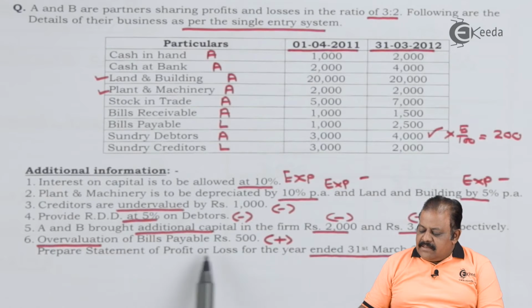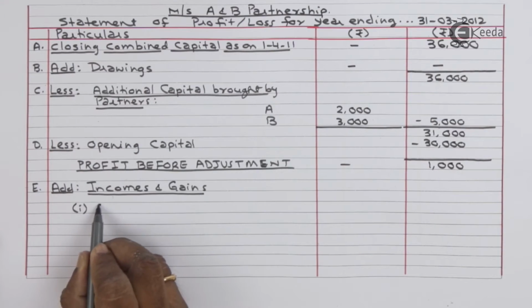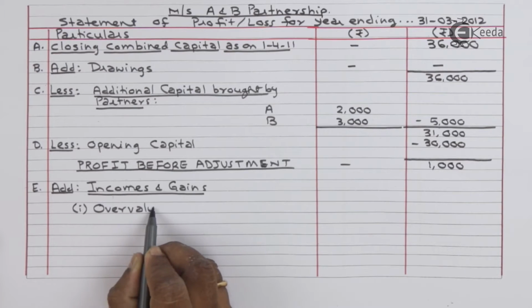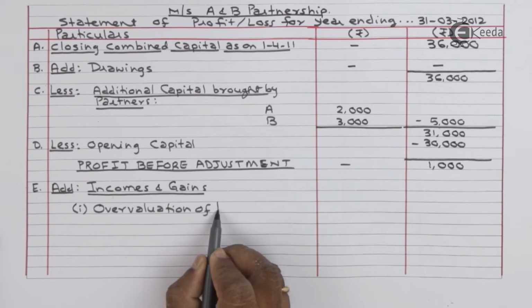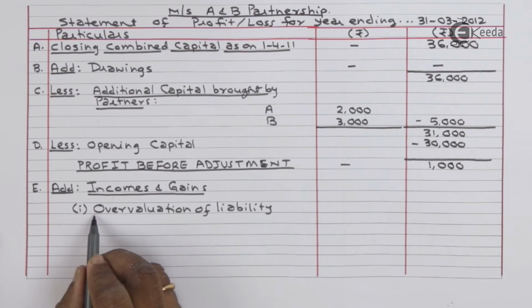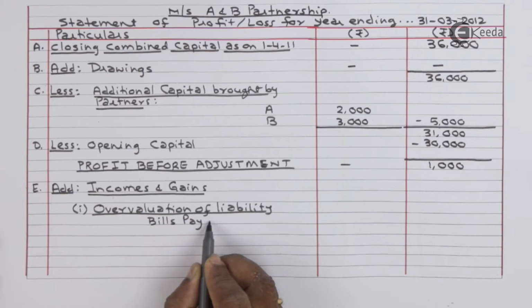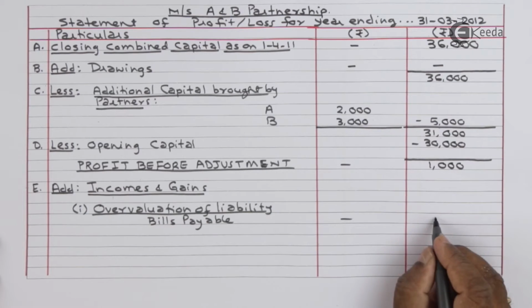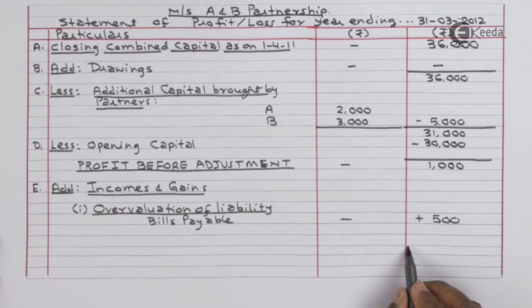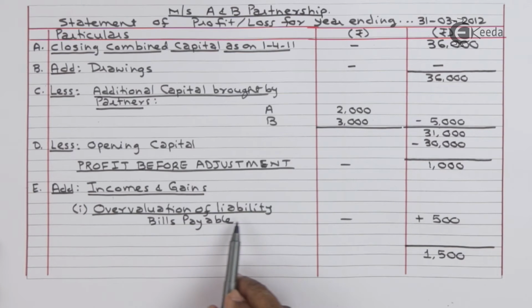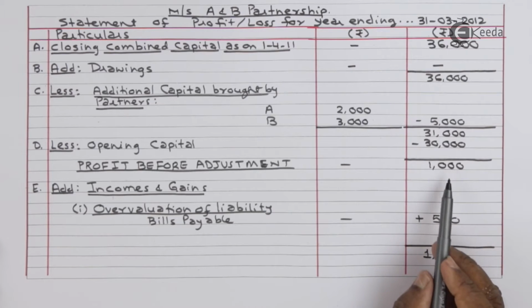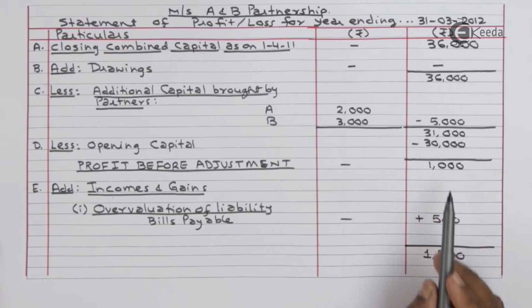Therefore, this will be recorded as income. Overvaluation of liability, bills payable 500. If we add that to profit before adjustment 1,000 rupees, it is 1,500.